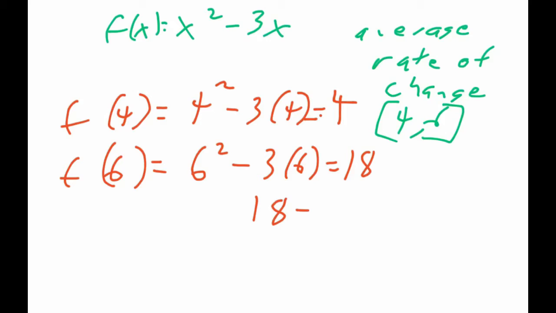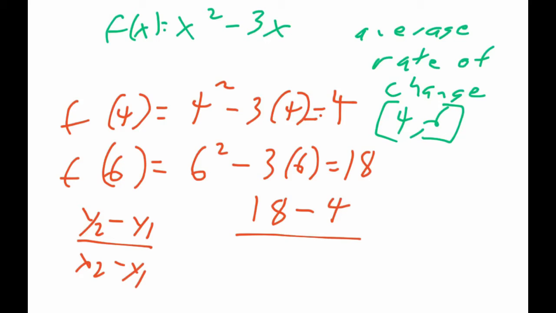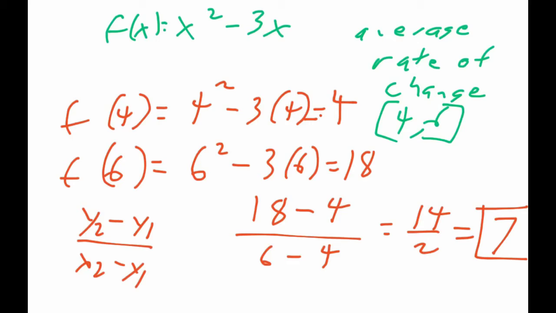So we got 18 minus 4 because we're going to do the slope formula over 6 minus 4. So I got 14 divided by 2, which turns out to be 7.